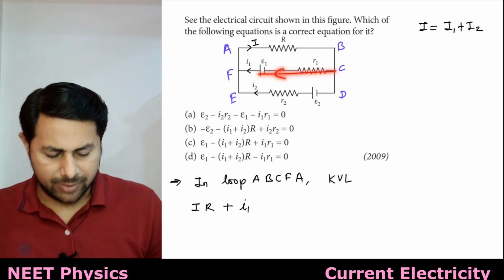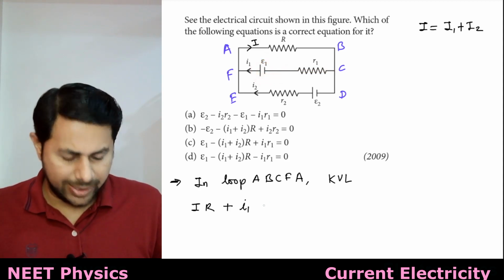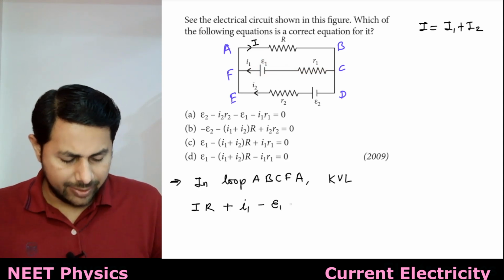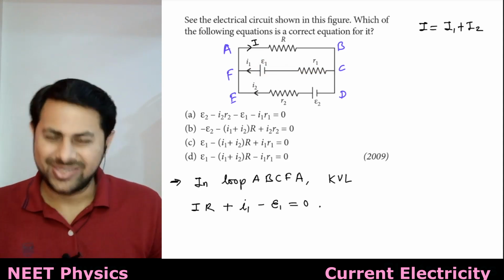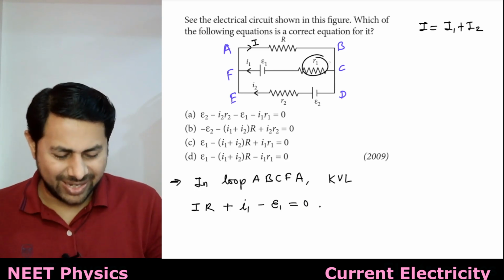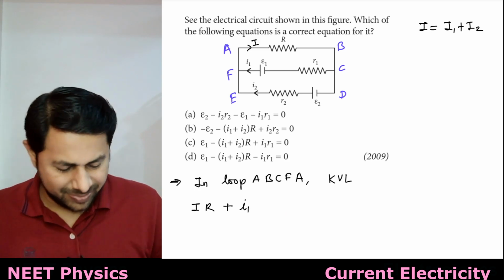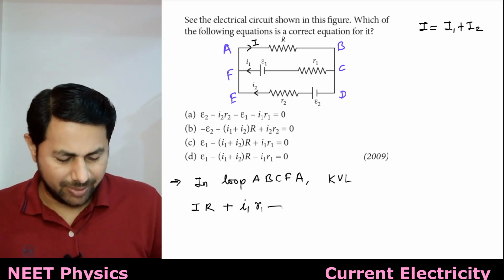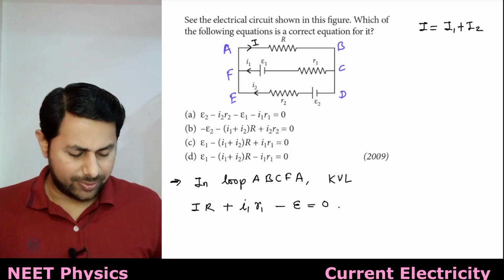So you have I1 times R1, and then you see the EMF. So minus EMF, and that's equal to 0.